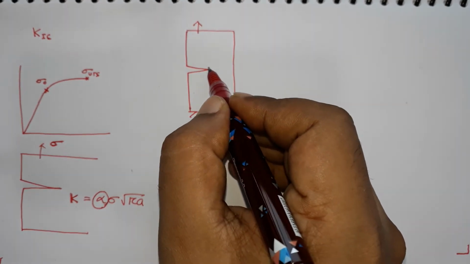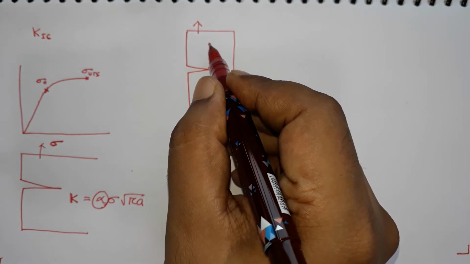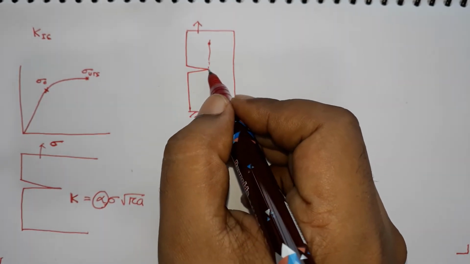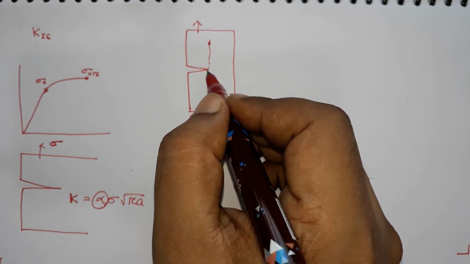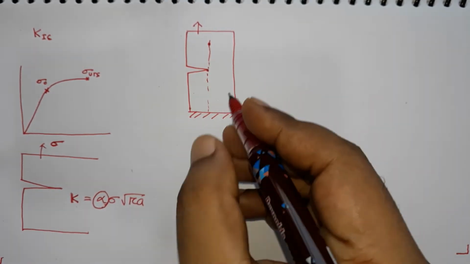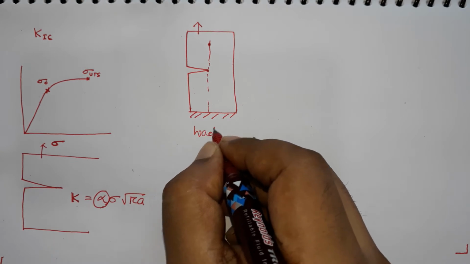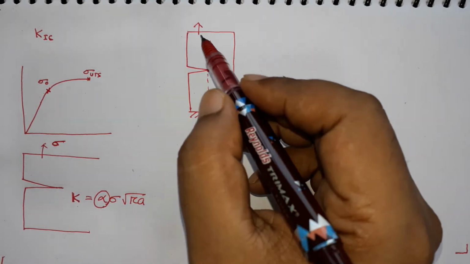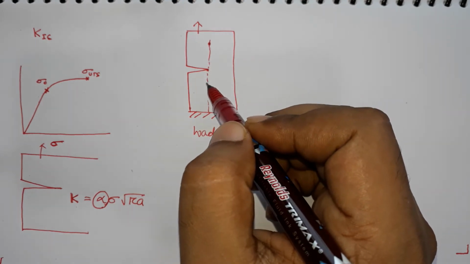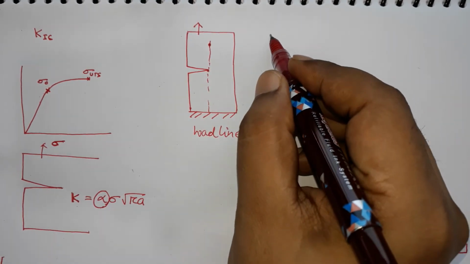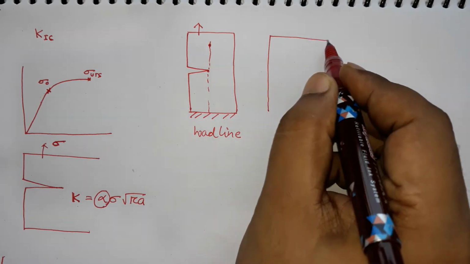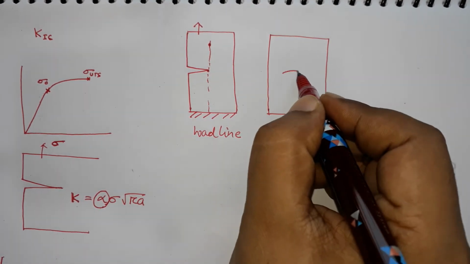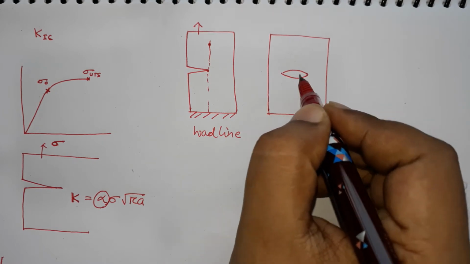Usually the stress is applied along this point, and this line which passes through the loading point and the crack tip is called the load line in the language of testing. So, this configuration is different from this configuration of crack, where the crack is inside the material.